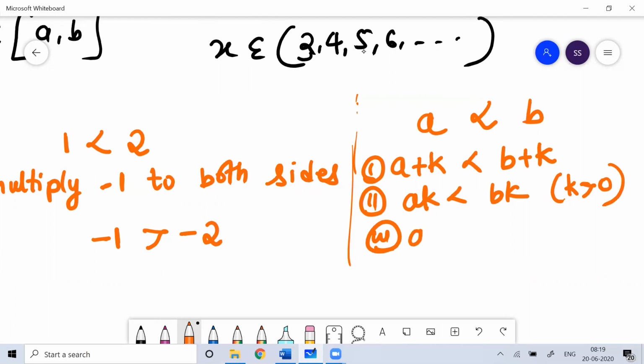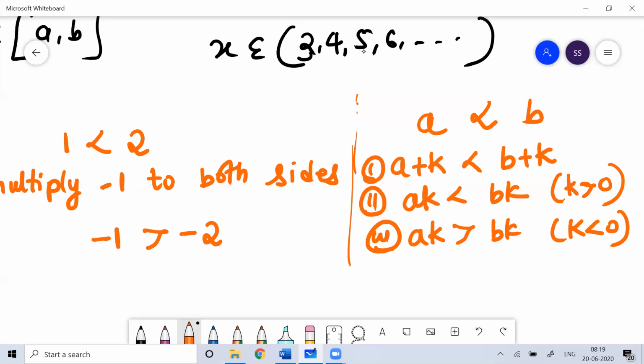But the moment you multiply by a negative value, the relationship will change automatically. Addition and subtraction will not create any effect on the inequality relationship.